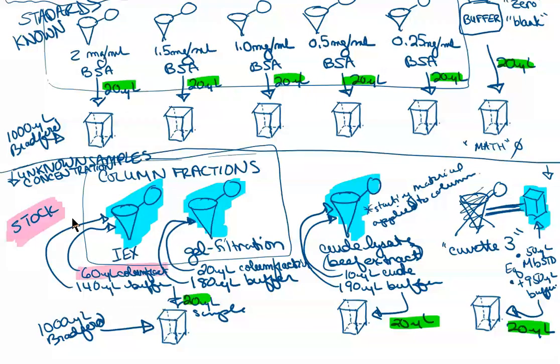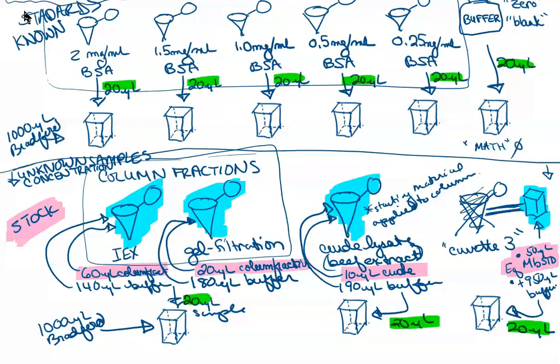We used 60 microliters of the ion exchange fraction, 20 microliters of the gel filtration fraction, 10 microliters of the crude beef extract, and 50 microliters of the equine myoglobin sample. So we want to know what's the concentration in those stocks.